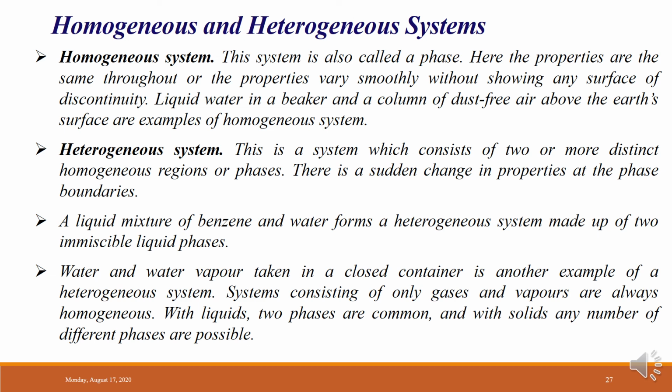That's why a heterogeneous system consists of two or more distinct homogeneous regions. Water is one homogeneous region, oil is another, and you will find a sudden change in property at the phase boundary, the layer separating oil and water. A liquid mixture of benzene and water is a heterogeneous system. Water and water vapor taken in a closed container is another example of a heterogeneous system. You will find many such examples.